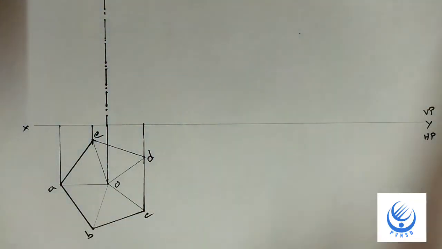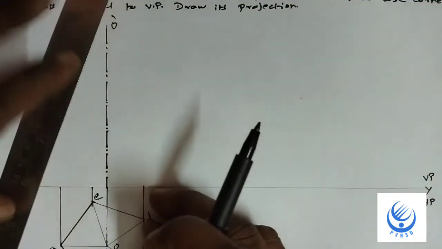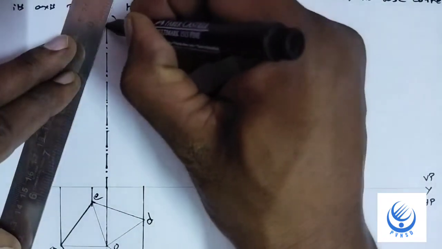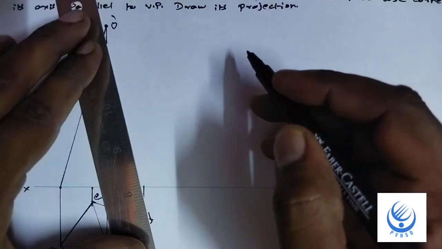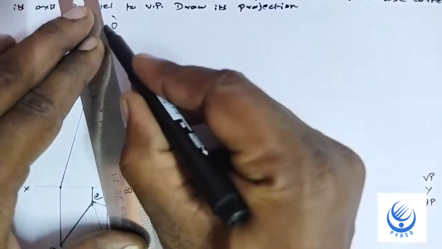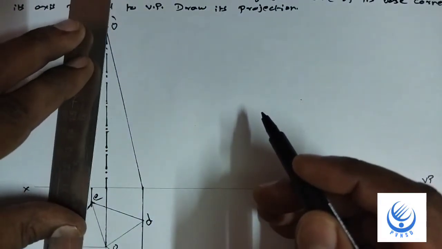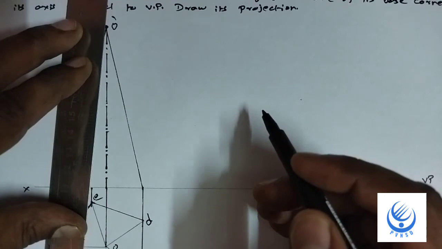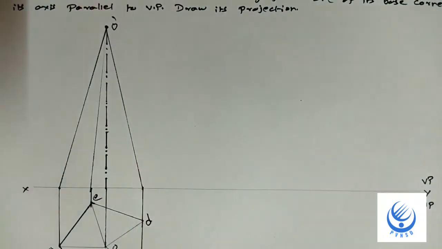Next, join the lines. This point is O dash, and this line length is 90 mm. Join the lines and you will get the pyramid. Next, mark the letters.